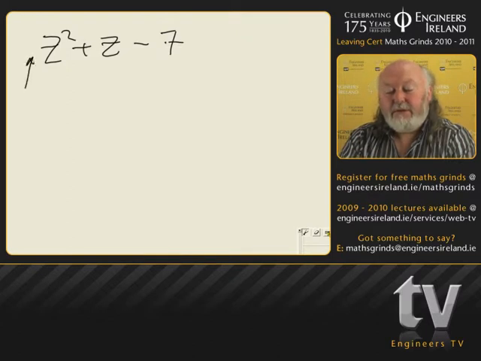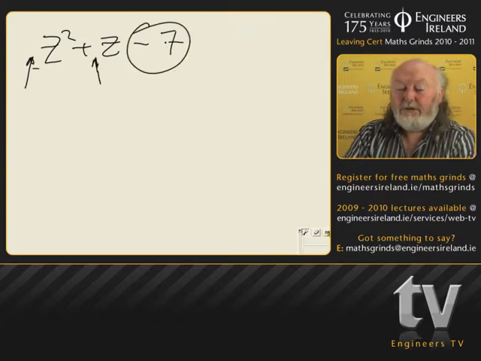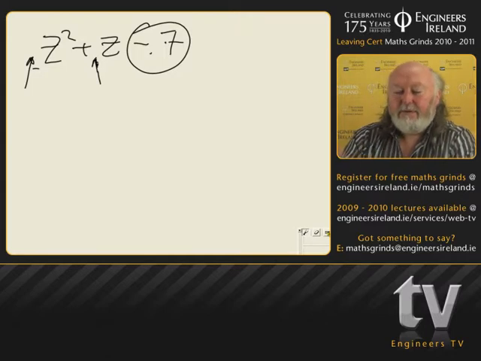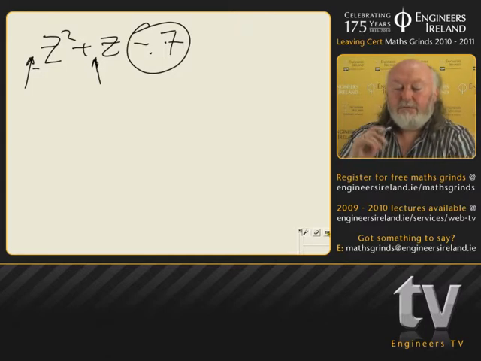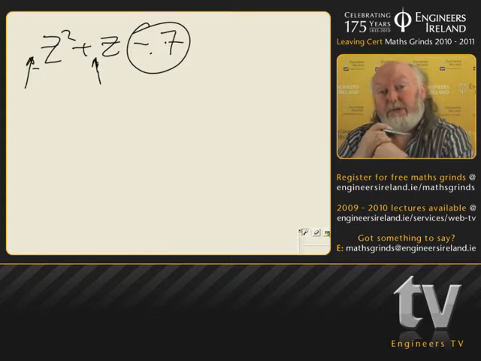The number here, that's a real number, it's 1. That's a 1. That's also a real number. All 3 numbers are real. In complex numbers, or complex quadratic equations, when you've got all real numbers, you know that the roots of this are going to be a conjugate pair.